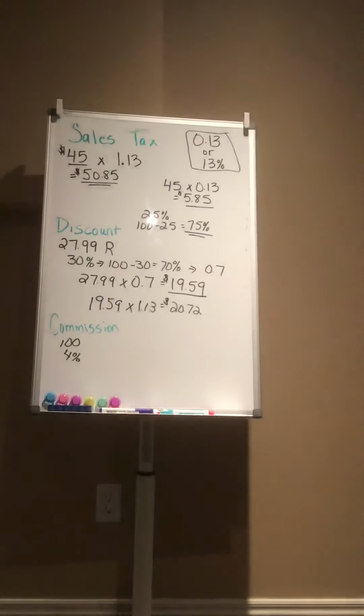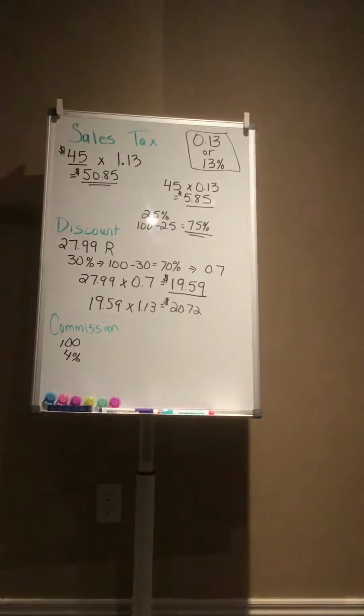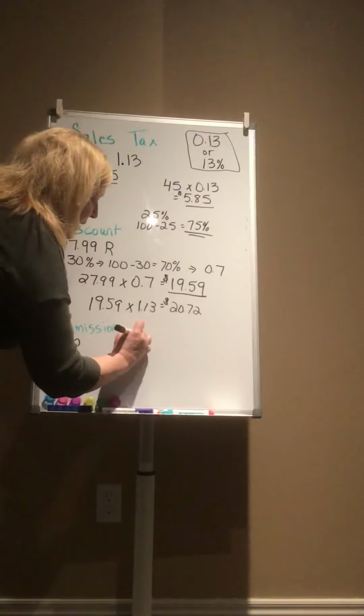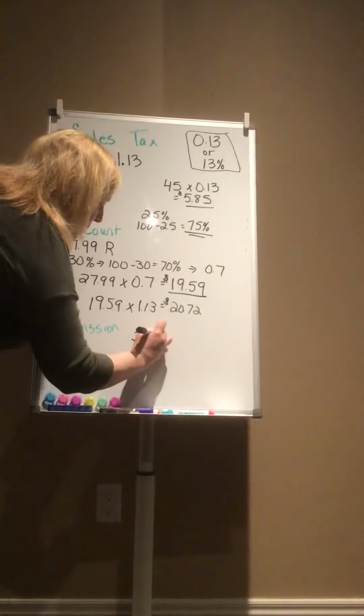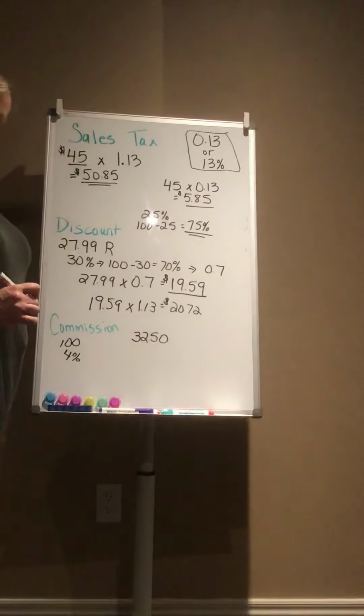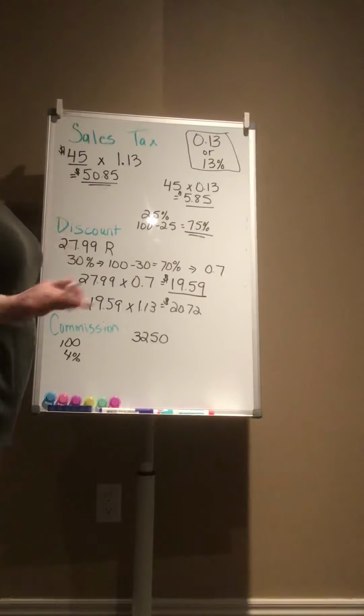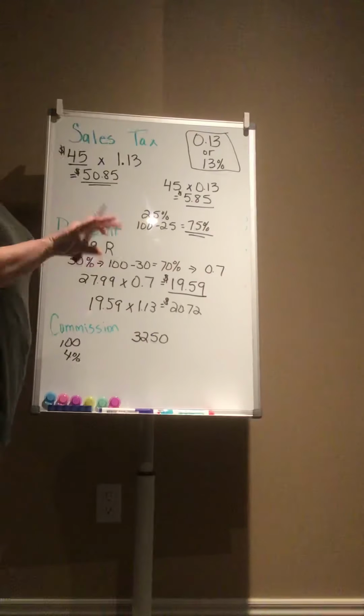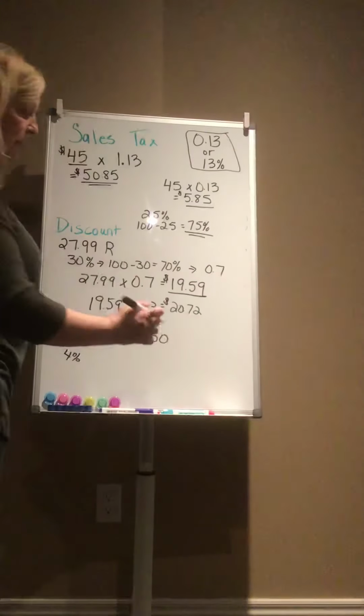And let's say you had a really good week, and that week you sold $3,250 worth of merchandise for Sport Check. And you want to know, okay, how much is my paycheck going to be? I'm not paying attention here to any sort of minimum wage. We're pretending you're just working on commission.